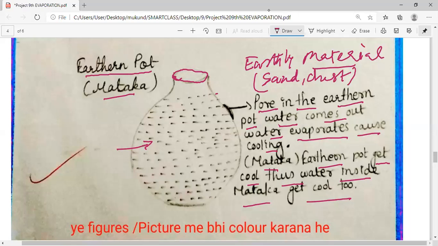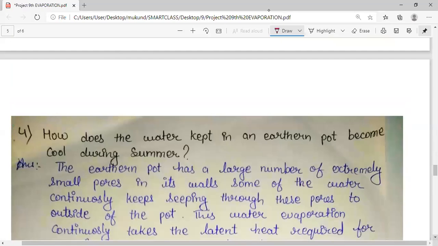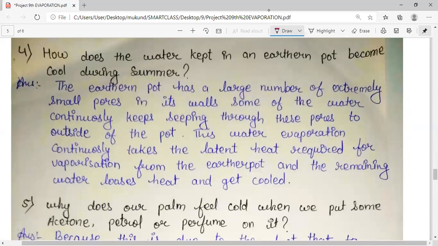But please mind well, my dear students, that when we fill water inside the earthen pot, we generally get the water evaporated that cools the water, and we are happy drinking that water in summer. How does the water kept in an earthen pot become cool during the summer? The earthen pot has a large number of extremely small pores in its wall.